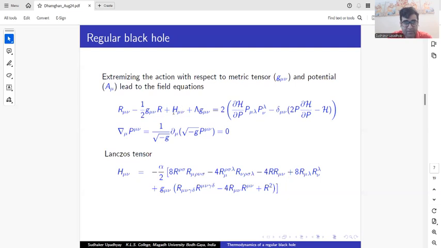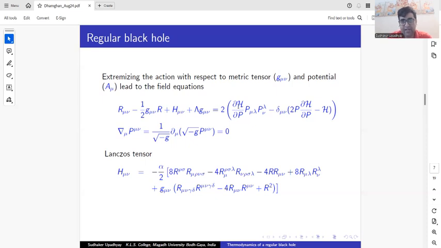H mu nu, the Lanczos-Lovelock tensor, is the contribution due to the Gauss-Bonnet term, because there is a Gauss-Bonnet coupling constant in front of these terms. The right-hand side is basically the electromagnetic tensor term, which is due to the nonlinear electrodynamics.